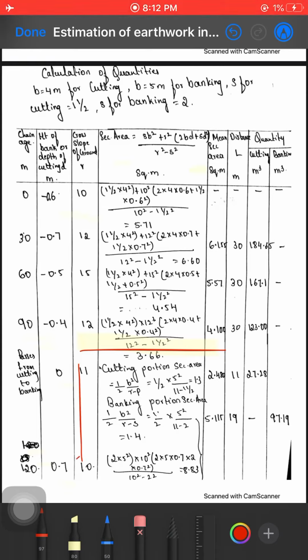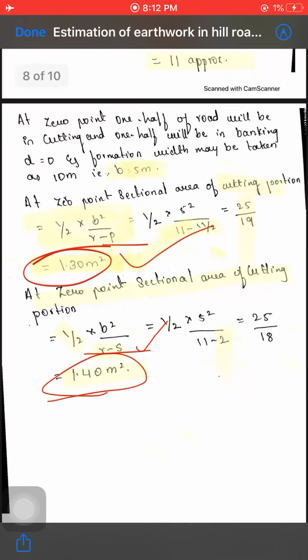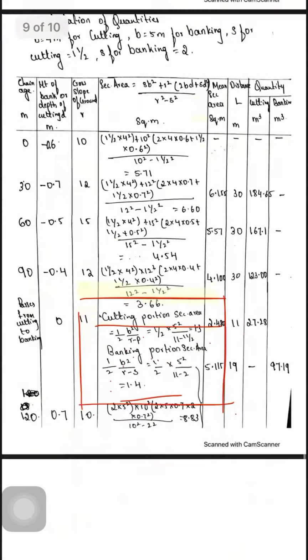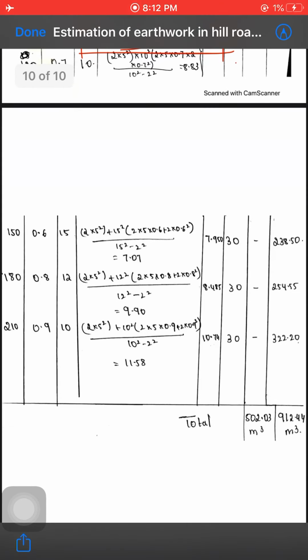That is, the cutting portion area of cross section will be half b square divided by r minus s, that is 1.3. Next, the banking portion cross sectional area will be half b square divided by r minus s, that is 1.4, which we have already calculated here, which I showed, 1.3 and 1.4. Okay, so similarly we need to calculate the cross sectional area for all the chainages.